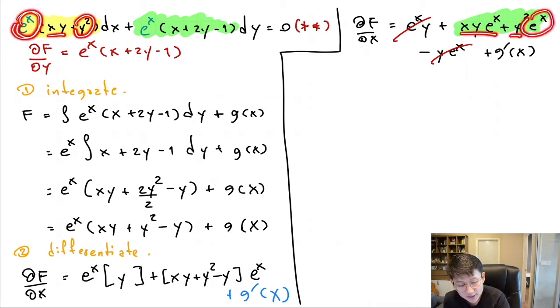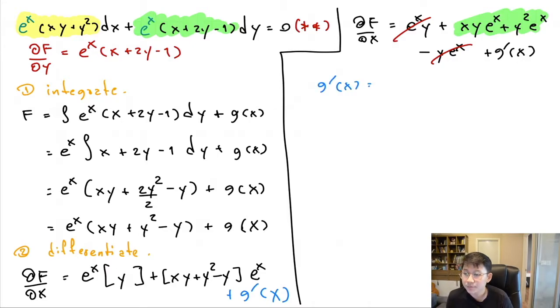It means that g prime x is actually 0, right? Because if you compare the df by dx, which is this guy, with this, you have that this cancels out with this, which means that g prime x is actually 0, and that means gx is just a constant.